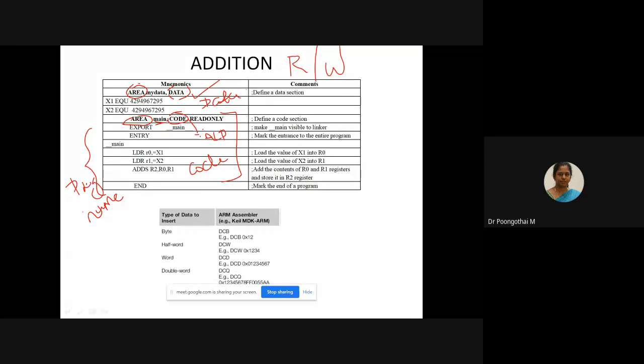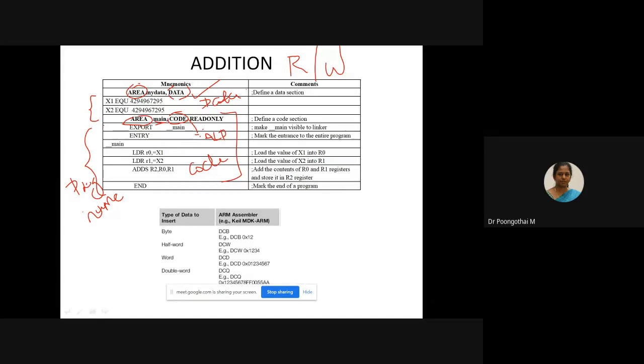In this data section, you can see two instructions given here: x1 EQU 32-bit number, x2 EQU 32-bit number. This EQU is one of the assembler directives used in ARM Cortex M programming.